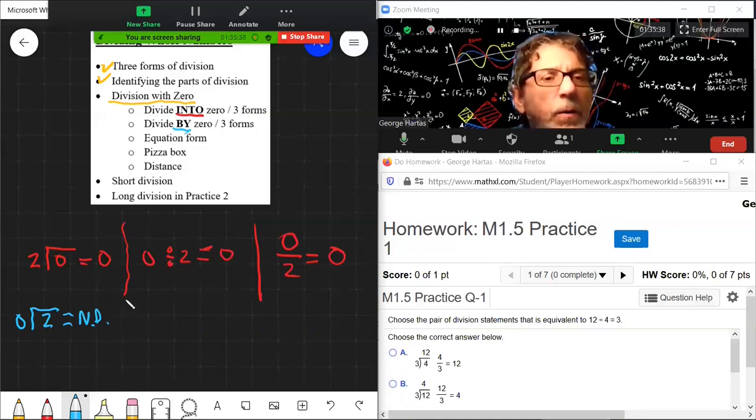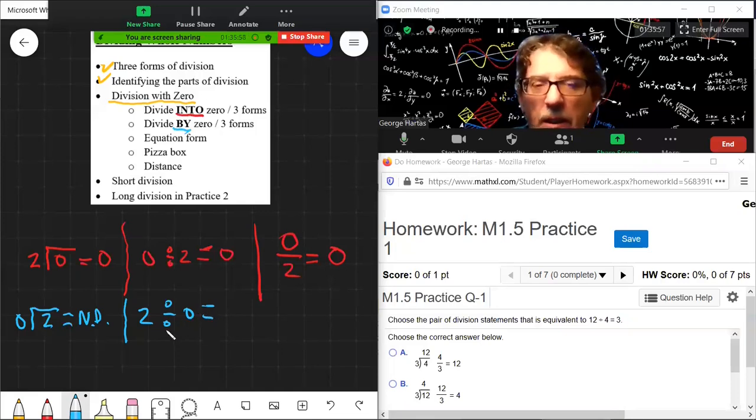All right, now, what would it look like in this format? Well, here you would say 2 divided by 0. See, that's why the words matter, because that way you'll know, is it into, is it by? It's by. We're dividing by 0. 2 divided by 0.